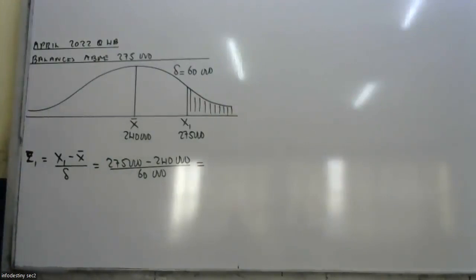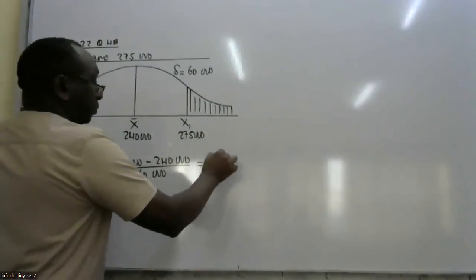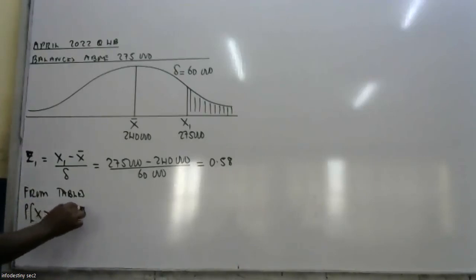Two decimals, 0.58. So from the tables, probability that X is greater than or equal to 275,000.